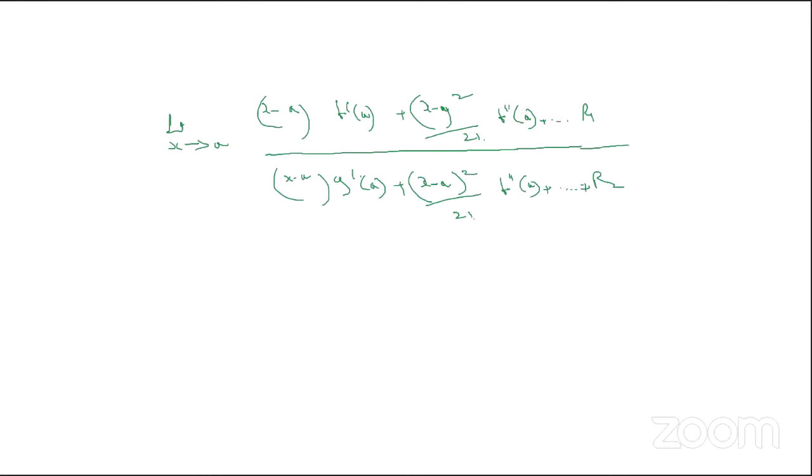Dividing numerator and denominator of the fraction by the common factor. NR means numerator, DR means denominator, divide by x minus a.